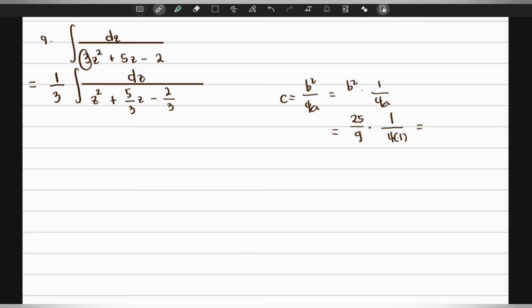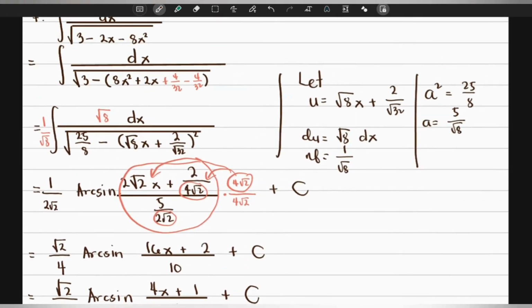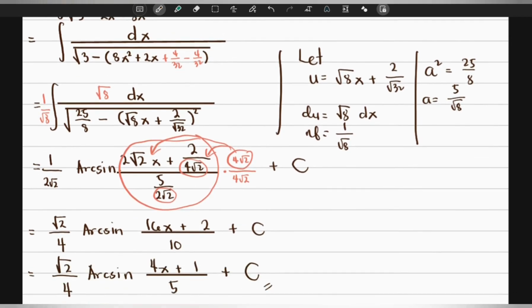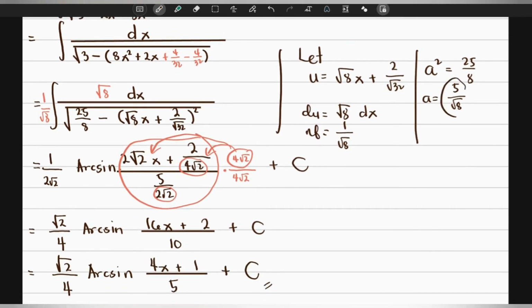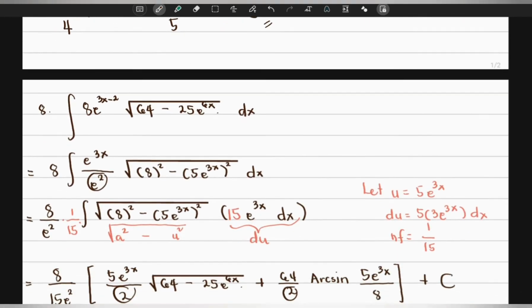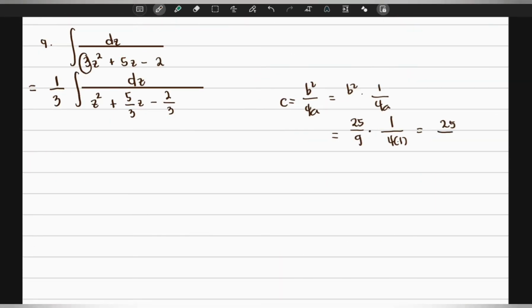Guaranteed na perfect square yung lalabas dito. Unlike kanina, makikita nyo na hindi yan perfect square, pati ito. Perfect square na talaga yung lalabas. So, 25 over 36, perfect square yon. Okay?